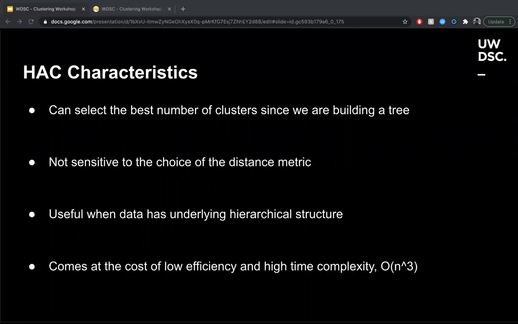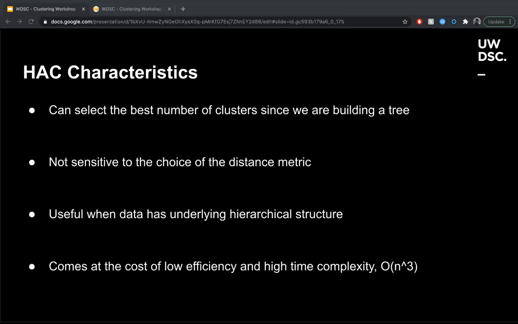I think this is the only clustering method that has this quality. Most are very sensitive to the distance metric used. I mentioned that with connectivity-based clustering, people typically use the average linkage function, but you could technically use a whole bunch of other things, and it wouldn't have a huge impact on what you get.